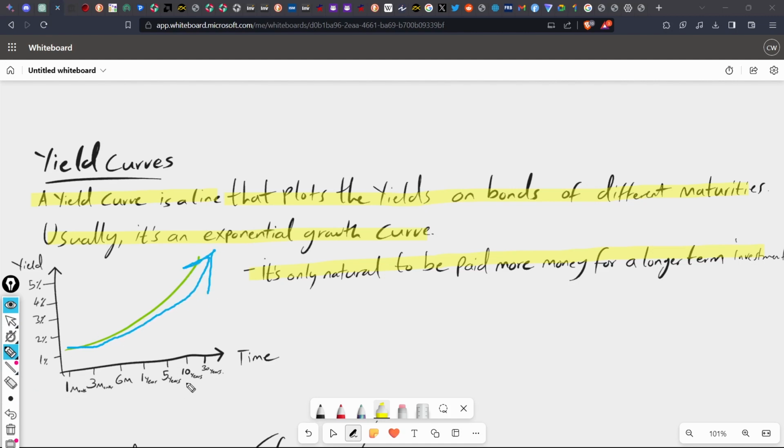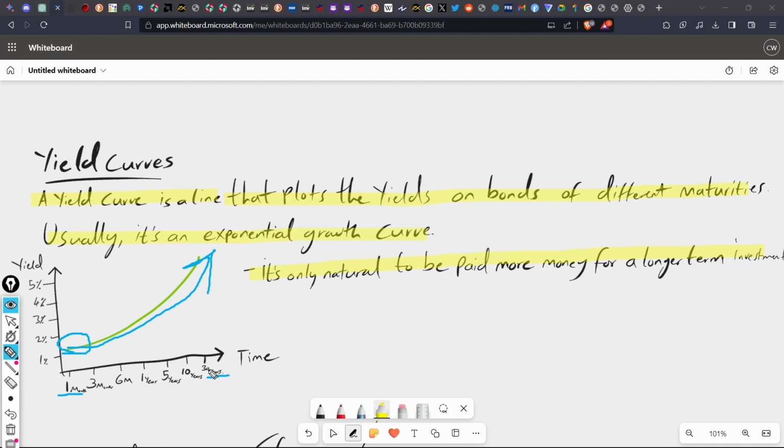So this is the time. This is the 1 month T bill, and this is the 30-year bond. The 1 month usually has a smaller yield compared to the 30-year bond, because if you're locking up your money for a long time, you of course expect a bigger return.